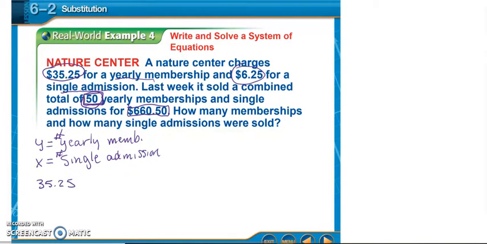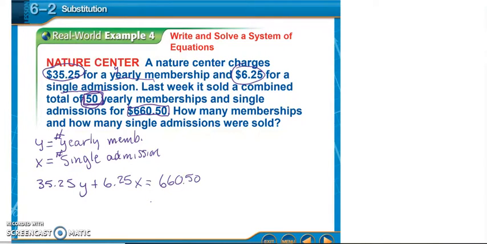So this is $35.25 times Y, plus $6.25 for a single admission, and that equals one of these totals, either the 50 or the 660.50. Money goes with money, so $35.25 and $6.25 go with the money total, 660.50. Okay, so that's the first equation.